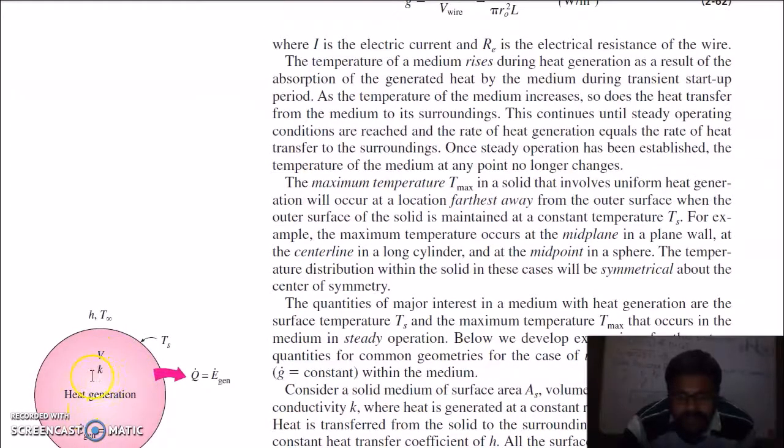The temperature of the medium rises during heat generation as a result of absorption of the generated heat by the medium during the transient startup period. As the temperature of the medium increases, so does the heat transfer from the medium to the surrounding. This continues until steady operating conditions are reached and the rate of heat transfer to the surrounding equals the rate of heat generation.